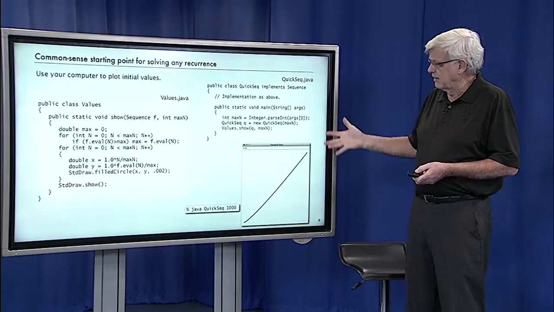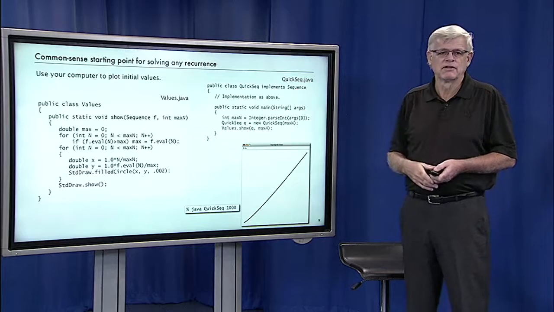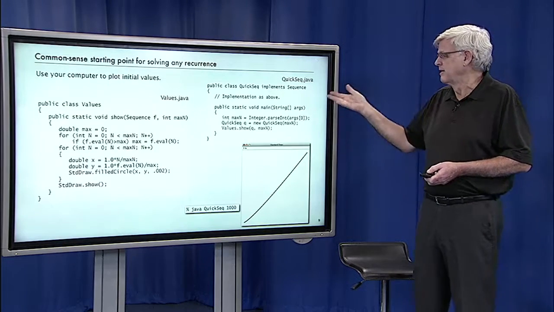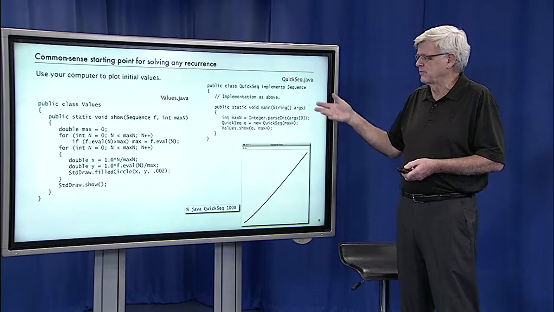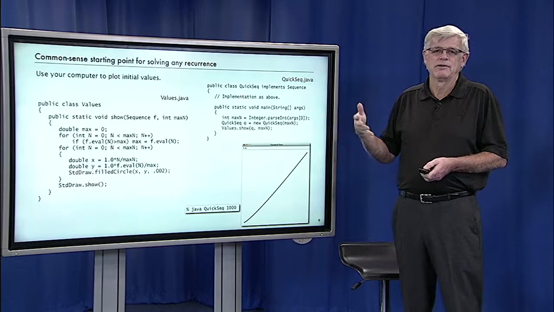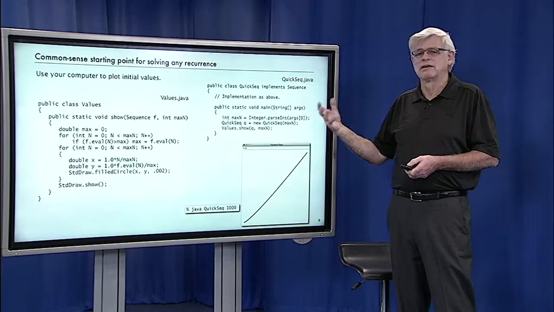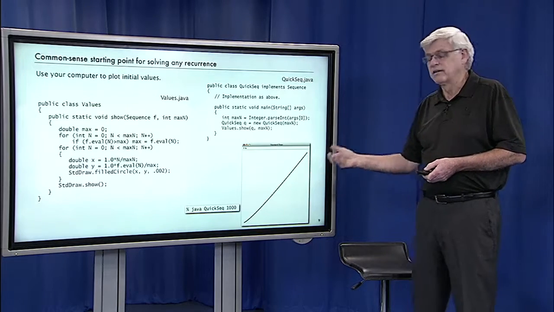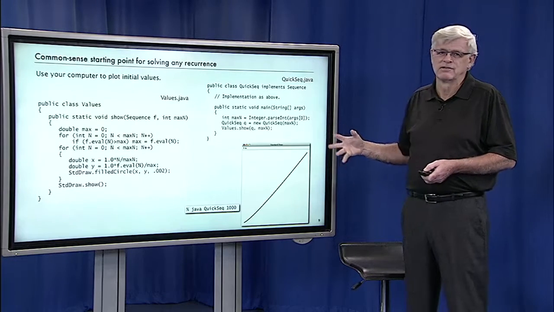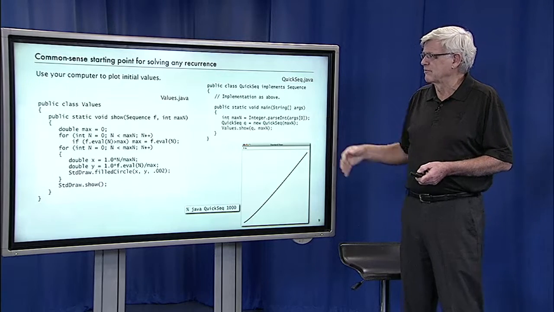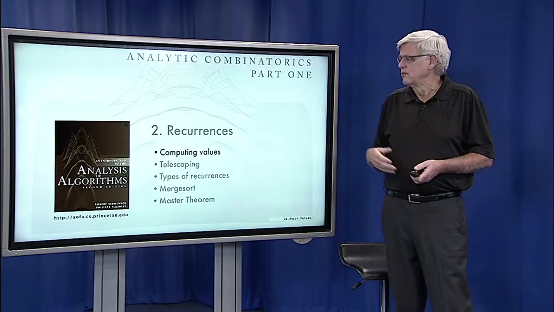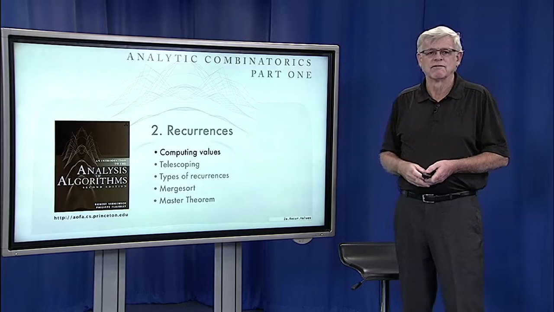So that type of code is a good starting point, and if you don't want to use my Java code, it's definitely worthwhile for you to use whatever programming environment you're comfortable with to be sure that you can compute values of any recurrence efficiently, and also to be able to develop plots like this. And you'll get a good feeling for why we want to do that in just a minute. So that's computing values of a recurrence.